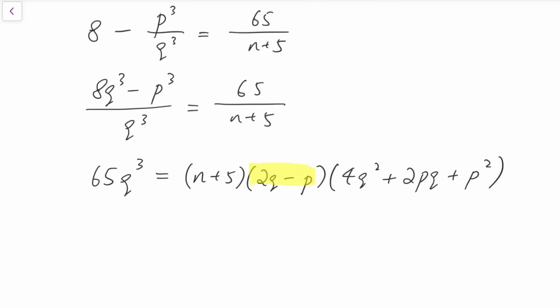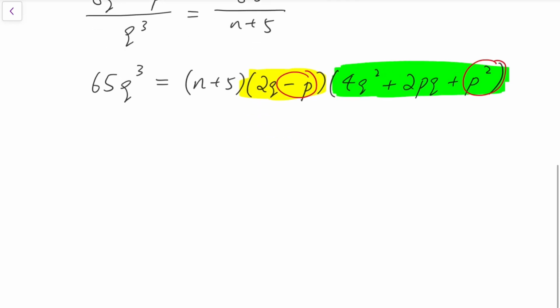So these two expressions, 2q minus p and 4q squared plus 2pq plus p squared, are coprime with q as well, because with the terms minus p and p squared, we know that it will not share any common prime factor with q. So if this product has to be a multiple of q cubed, then n plus 5 itself must be a multiple of q cubed.